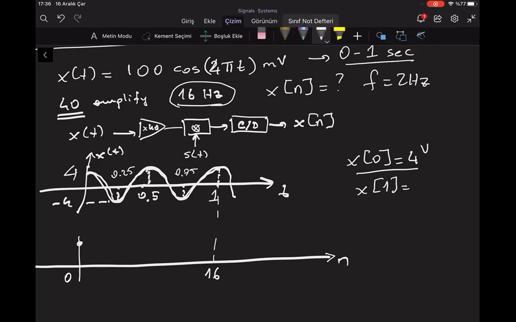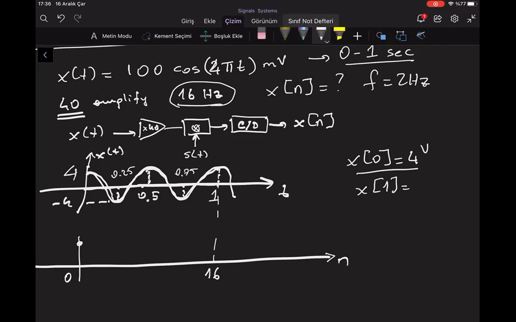Ne yapacağız o zaman? Bir sonraki adım ne arkadaşlar? I should divide this part, T equals 1 over 16, into 16 equally spaced portions.